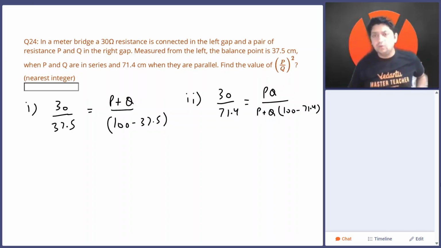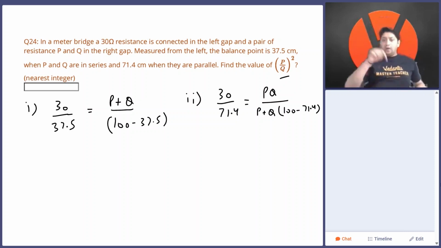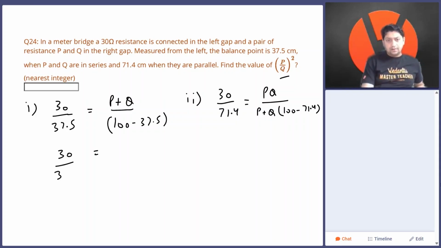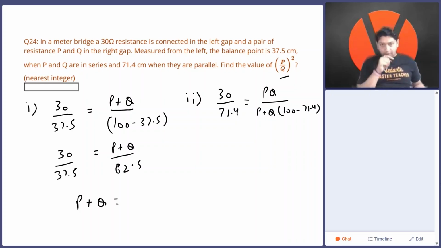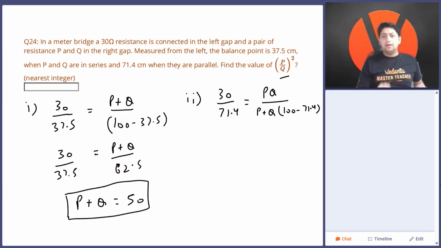Now we need to figure out the ratio of the square of P and Q. So over here, this will be 30 by 37.5 equals P plus Q by 62.5. So P plus Q comes to 50.